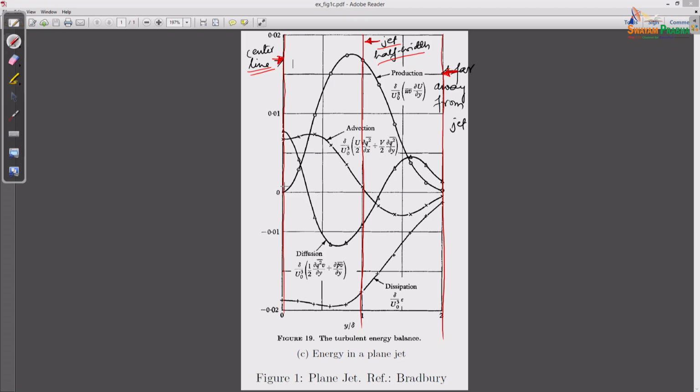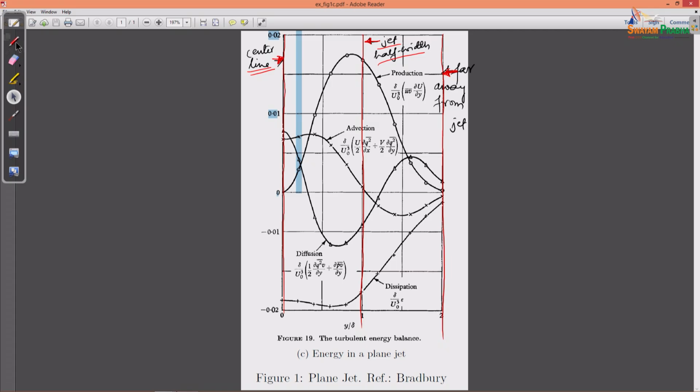Okay, before I do that, let's just look at advection, diffusion, dissipation, and production. Now what you see here, if y is equal to 0, which is at the center line, the advection is 0, right?